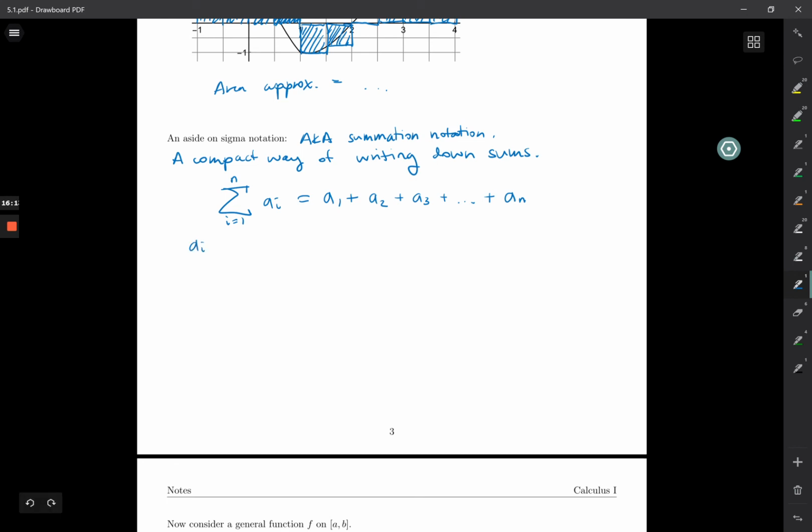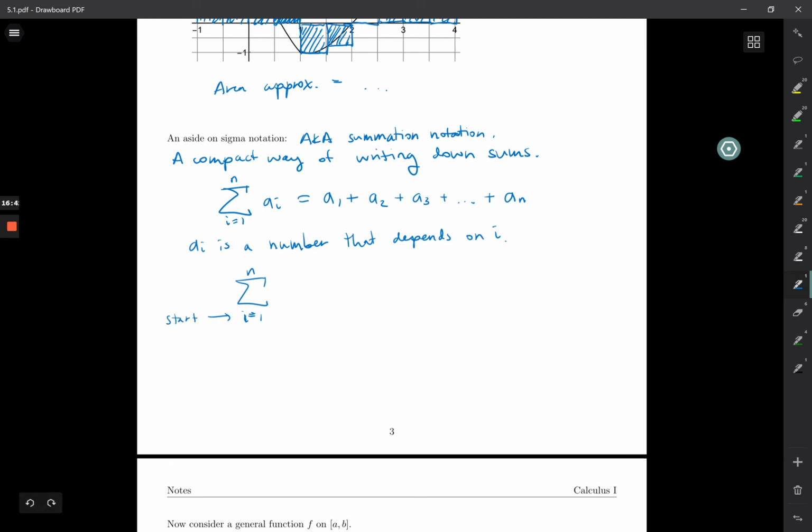Just to emphasize, a_i is a number that depends on i, right? So we'll see an example in just a bit, but just one thing, as I said, this i equals 1 is your starting point.